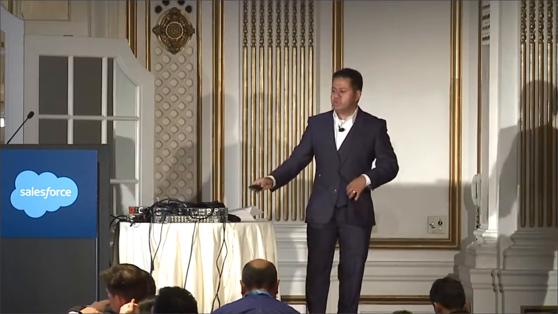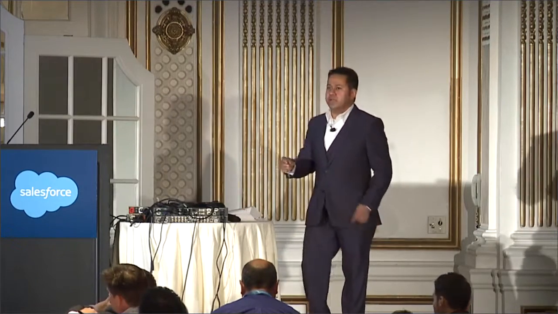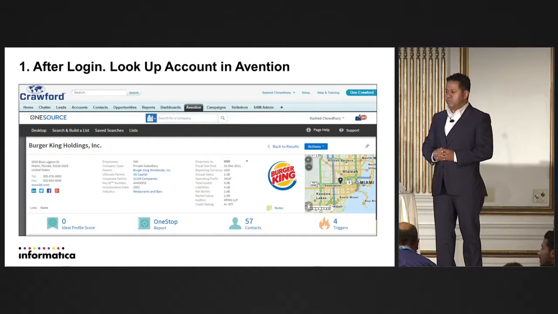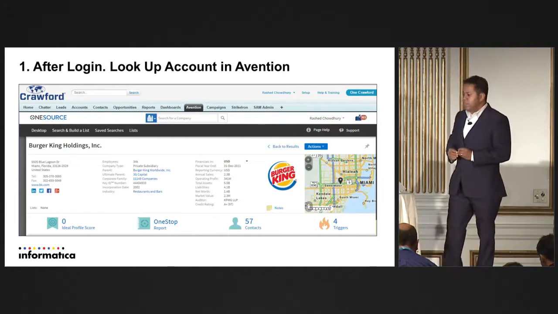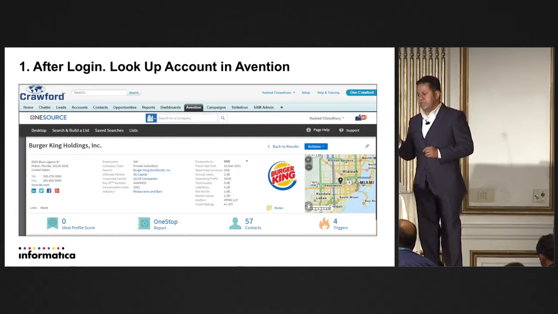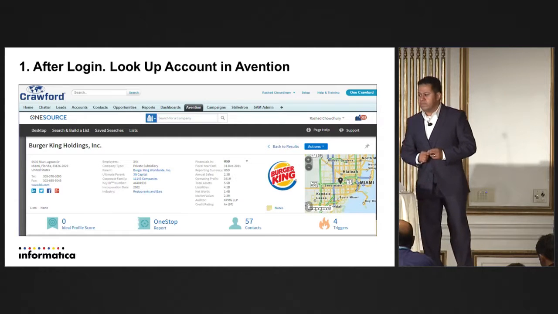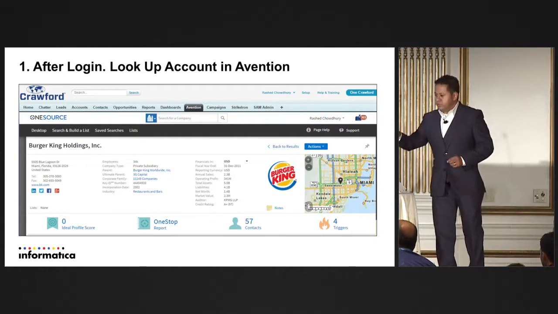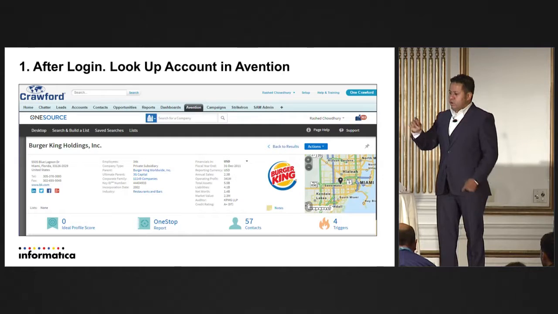So here is what it looks like, our org in production, a live instance from Crawford Company. You log in, and after login, look up the account in Avvention. In this case, we pulled information about Burger King. If you look closely, it provides all the same look and feel of the Force.com platform.